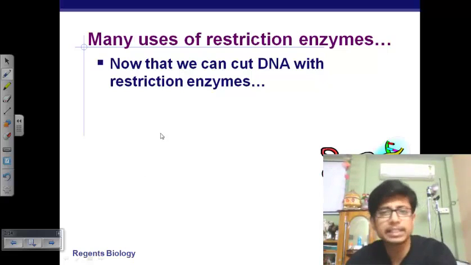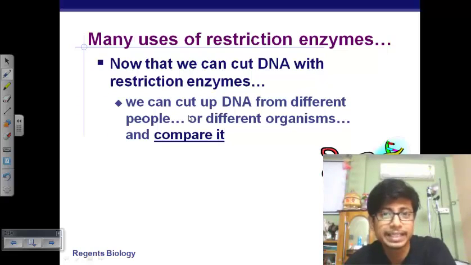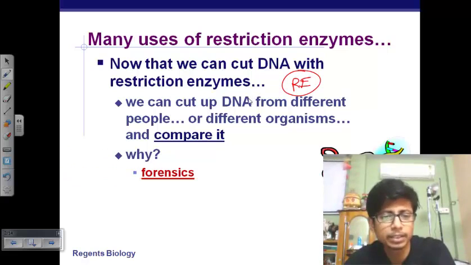Now let's say we have long DNA. We need to cleave that DNA into smaller fragments using different endonuclease enzymes. It could be restriction endonuclease or any other endonuclease enzymes. Why do we cleave them and compare them?